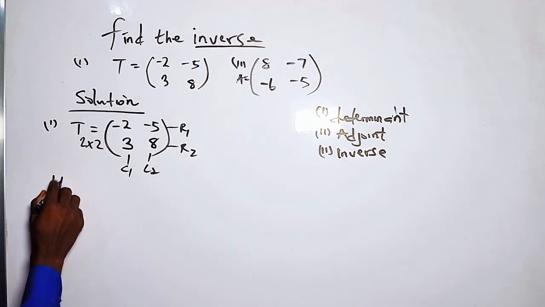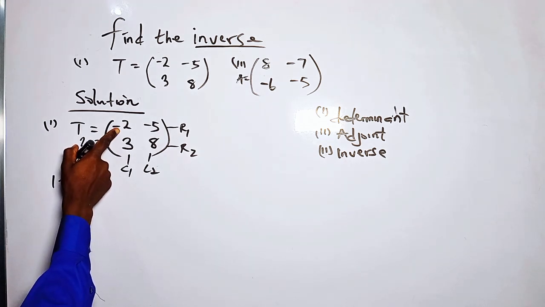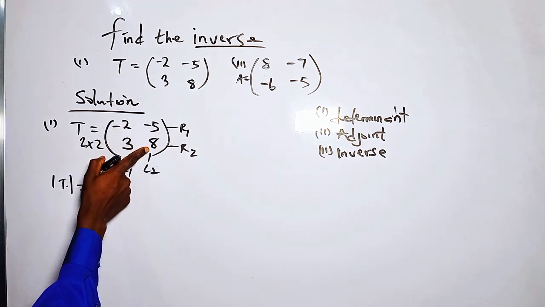So for the determinant of T, we multiply the numbers in the diagonal. This is the leading diagonal.